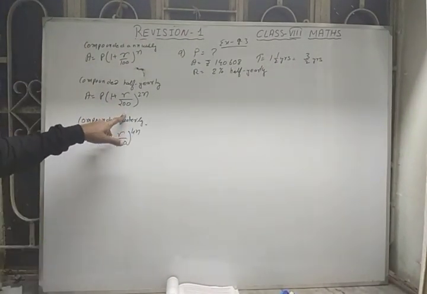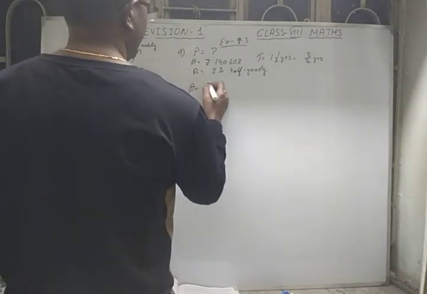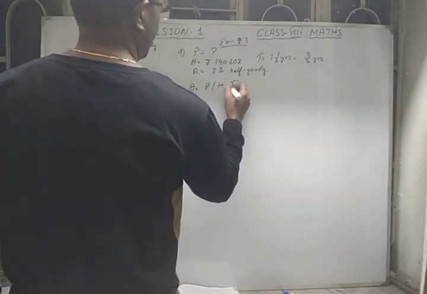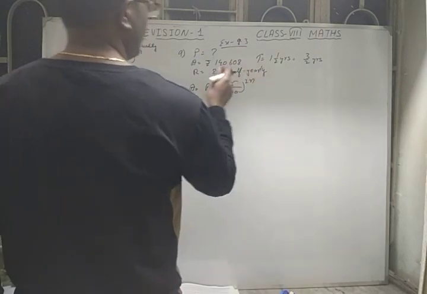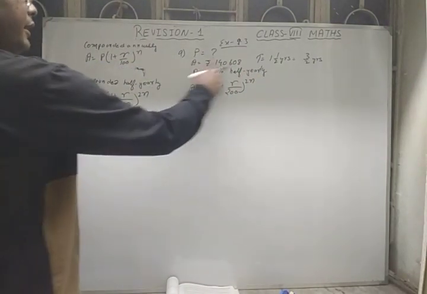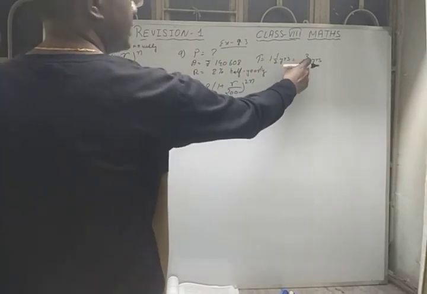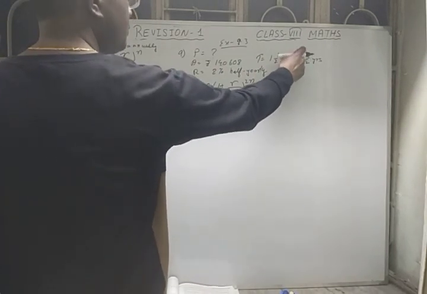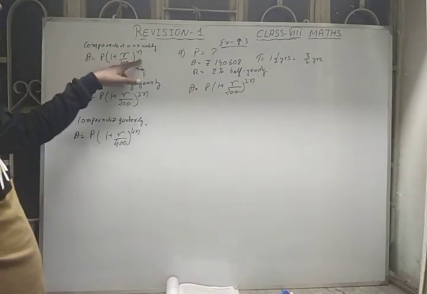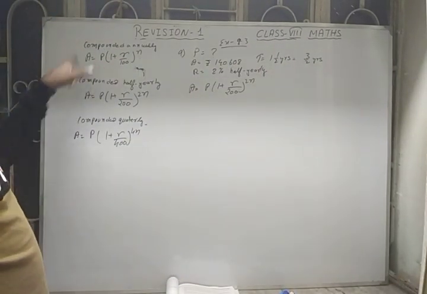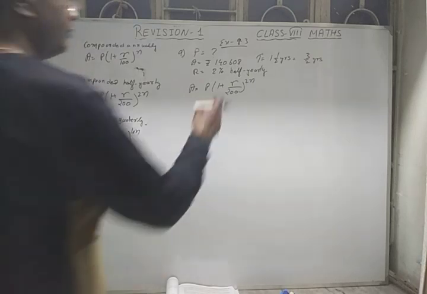So amount equals P into 1 plus R by 200 whole to the power 2n, or you can also make R 8 by 2, that is 4%, and make the time 2 into 3 by 2, cancel them and get 3 years, and put the value for compounded annually directly here. If you can't, then you can use this formula directly as I am doing here.